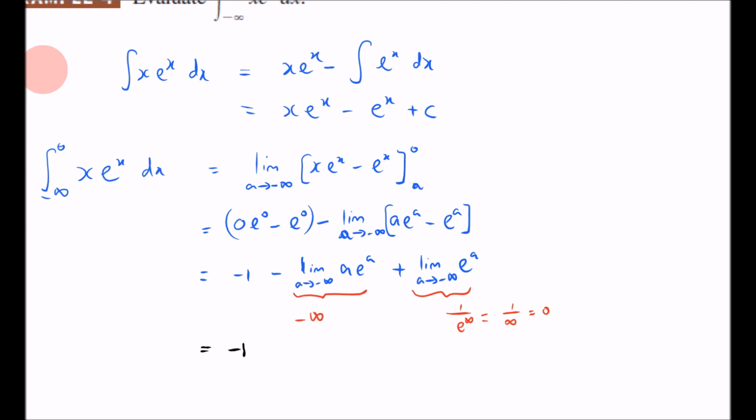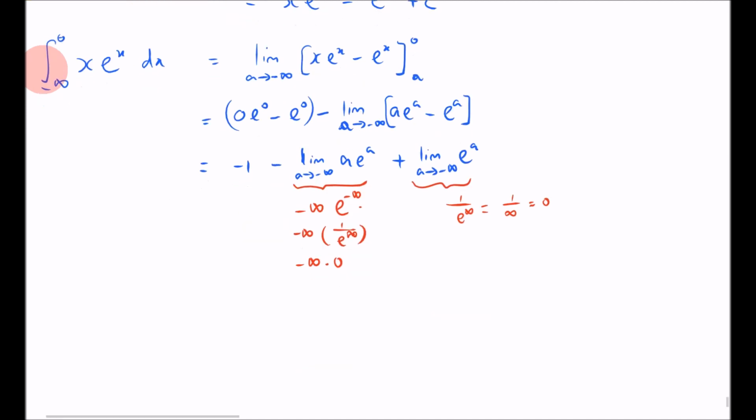So I better rewrite: minus infinity times 1 over e to the infinity, so minus infinity times 0. That means you can use L'Hopital's rule.